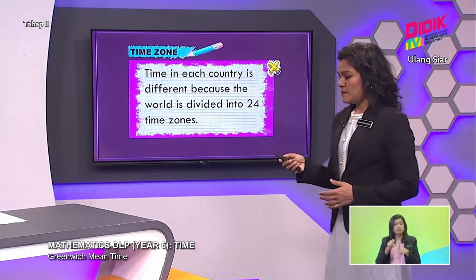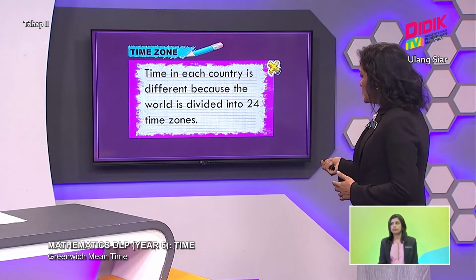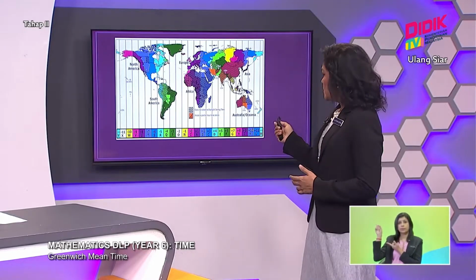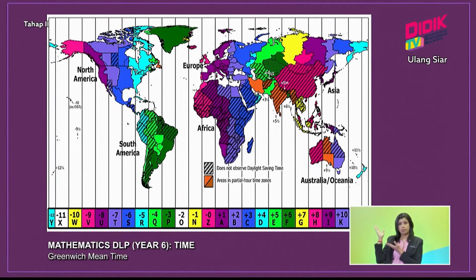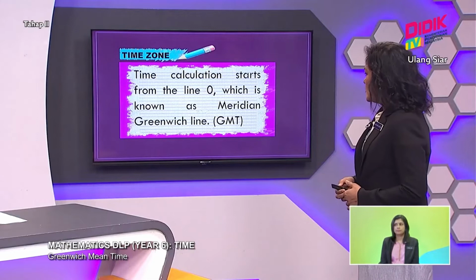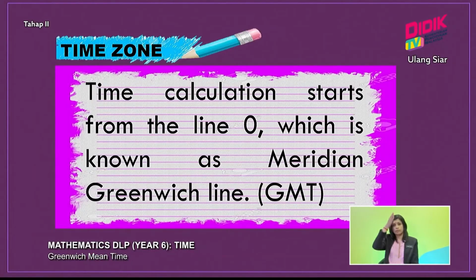Okay. This time zone is different because the world is divided into 24 time zones, and it is located on the 0 degree longitude, which falls on Europe. Oh, so Europe is especially on the 0, on London. Okay. So the time calculation starts from the line 0, which is known as the Greenwich Meridian line, or GMT, Greenwich Mean Time.